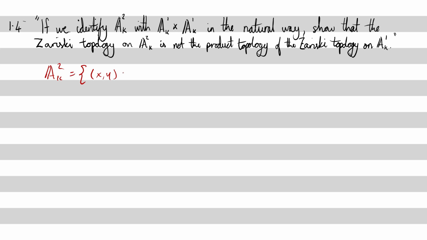The affine plane AK2 is the set of pairs (x, y), given that x and y are in K, but this K is essentially, as a set, equivalent to the affine line. The affine line is our field with the Zariski topology on top of it, technically also with the structure sheaf, but that's well down the line.